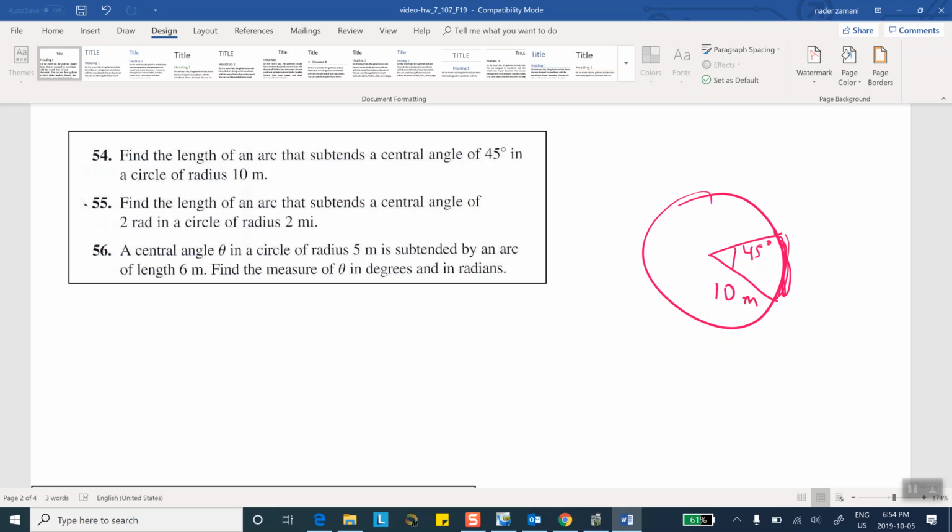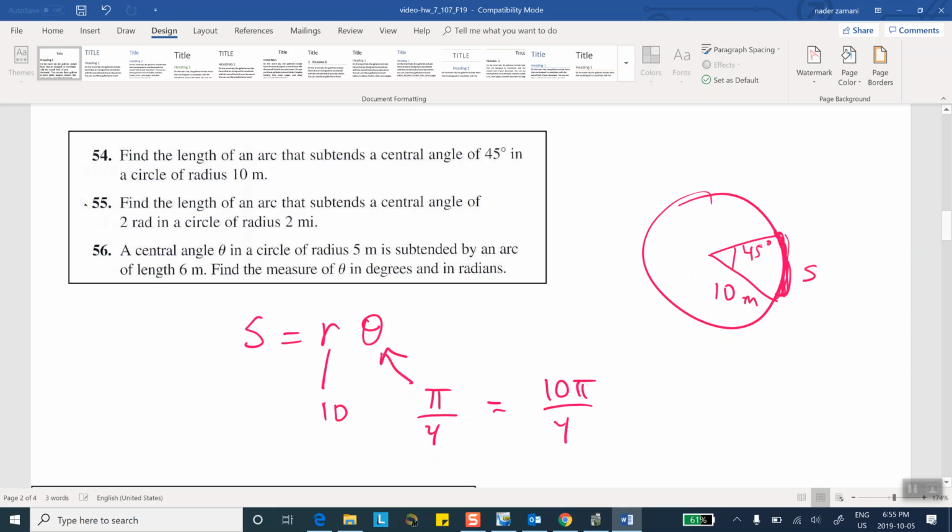What is this length? S. So S is equal to R times theta. This must be in radians. So 45 degrees is pi over 4. Radius is 10. So this is equal to 10 pi over 4.